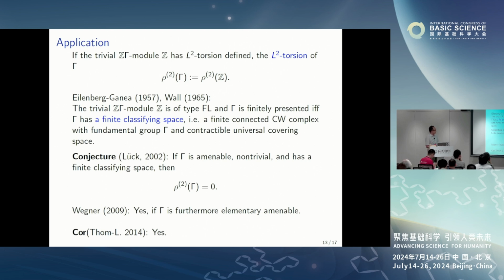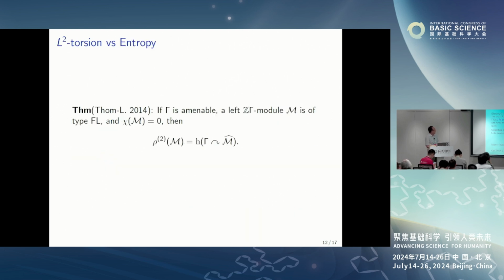As a corollary of our theorem here, one can show that Lück's conjecture is really true when the group is amenable. The point here is that in that kind of situation, this is just Z, and this is just an action on the dual of Z, which is a circle. And the point is that this action is actually trivial.